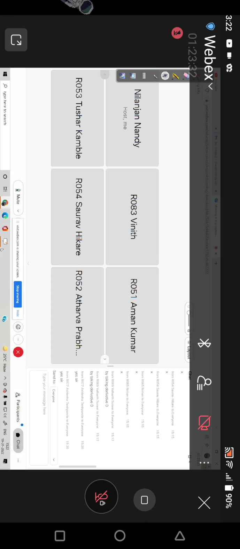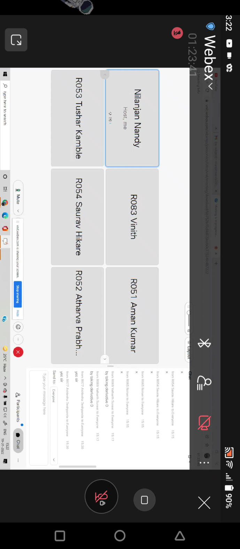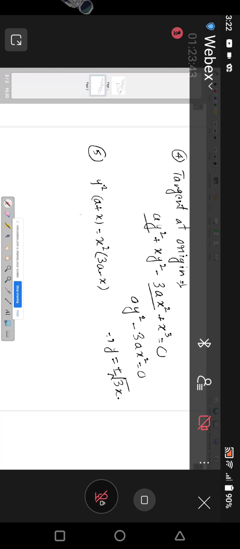You can see very carefully, the region of this curve is from minus a to 3a. Why minus a to 3a? I am suggesting you put some values here.